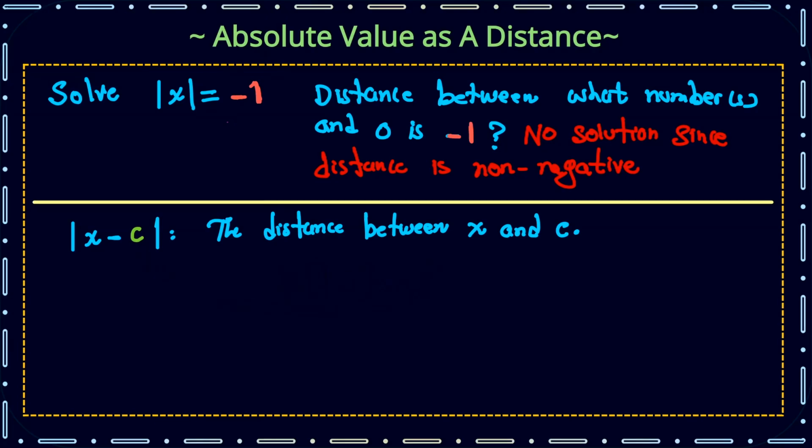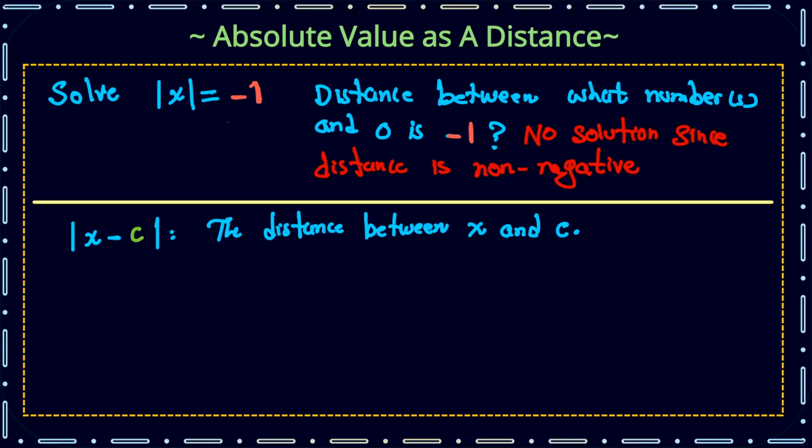If you want to know how far apart two things are, you subtract their position. For instance, if you want to know how far 5 and 3 are on the number line, you subtract them. You do 5 minus 3, and that gives you 2, meaning that 5 is 2 units away from 3.